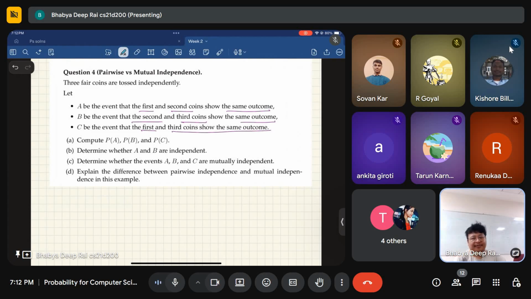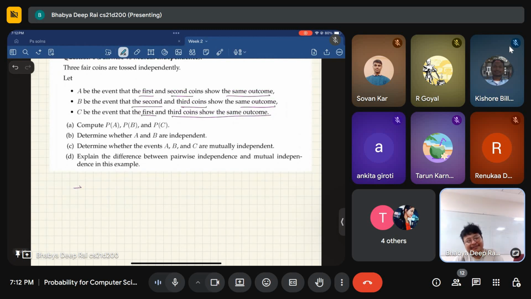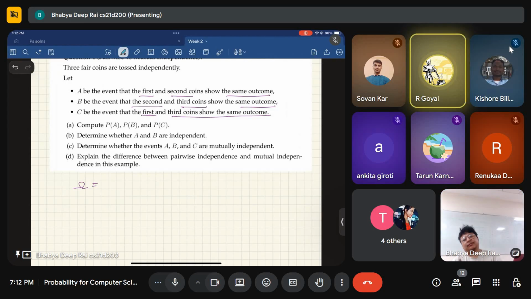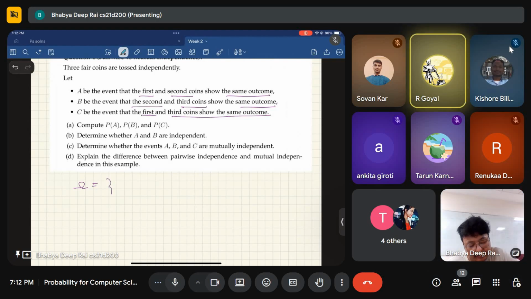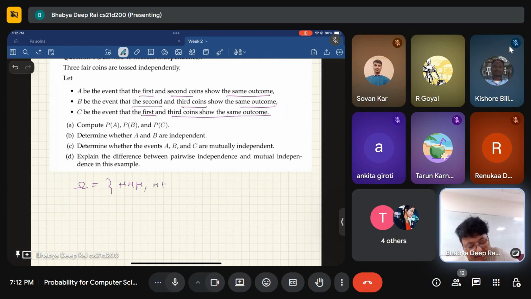Okay. So before we do A, what is the sample space? Having 8 values, eight outcomes. What will be the contents? So HHH, HHT, HTH, HTT, THH, THT, TTH, TTT.